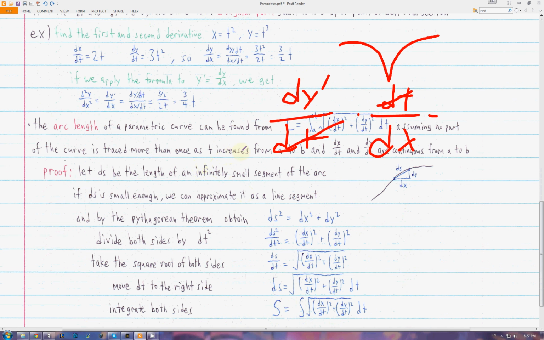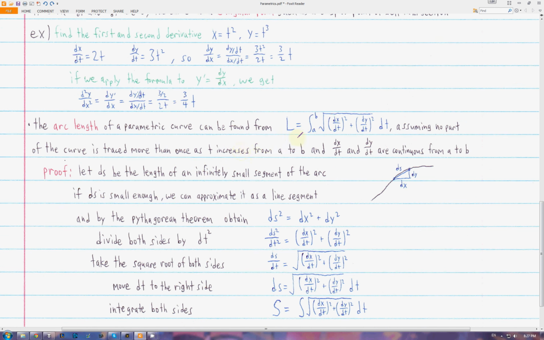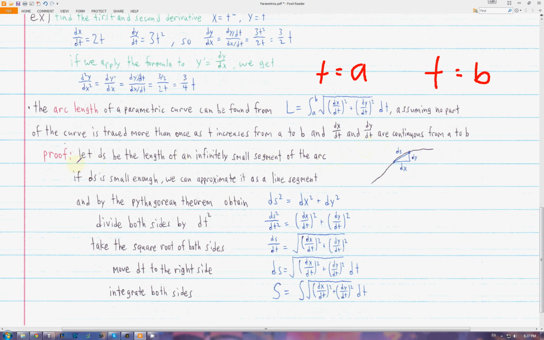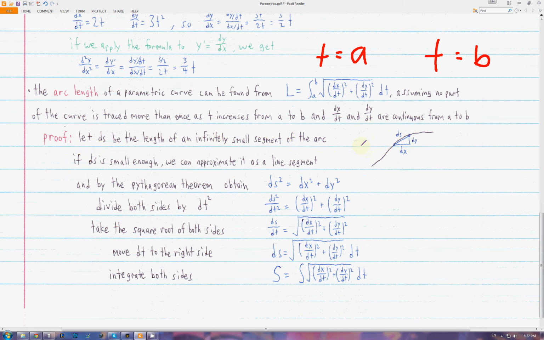Now, if we want to find the arc length of a parametric curve from t equals a to t equals b, then we use this formula. This formula is very similar to the regular arc length formula for non-parametric equations, because we derive it in a similar way.